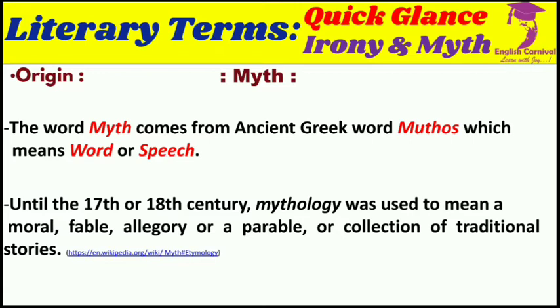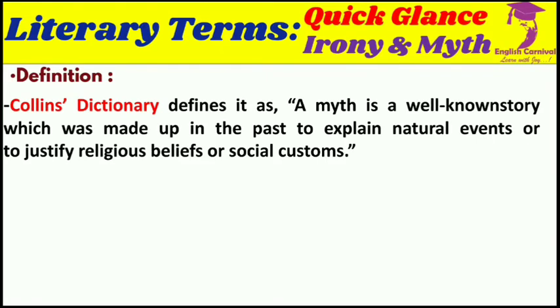Now, when we turn towards the definitions of this term called myth, we have to see the Collins dictionary's definition, and that is: a myth is a well-known story which was made up in the past to explain natural events, or to justify religious beliefs or social custom.